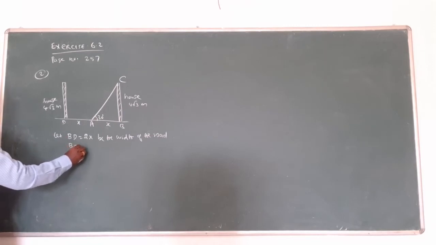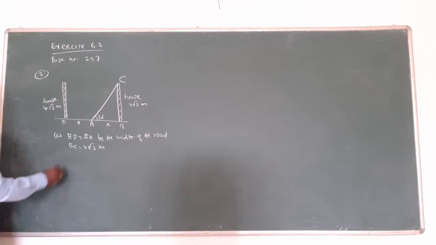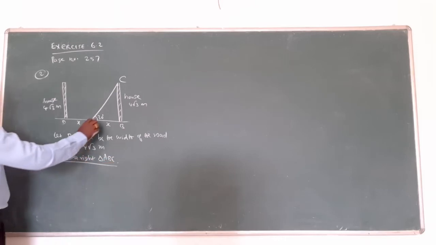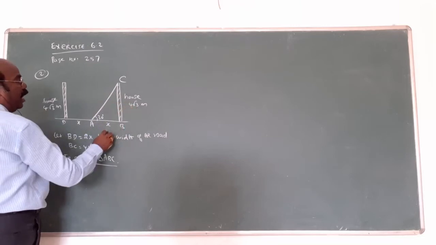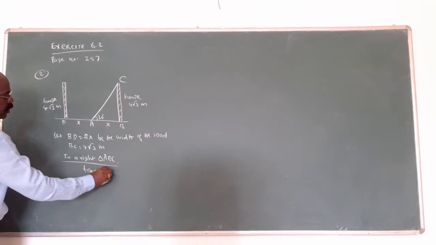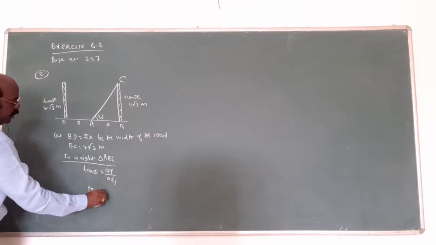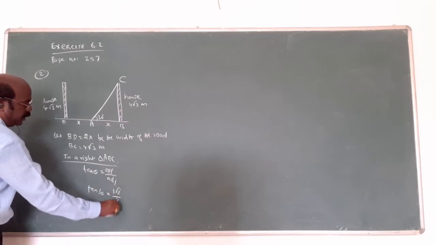Then BC equals 4√3 meters, the height of the house. In the right triangle ABC, this is the angle. The opposite is what? 4√3. This is adjacent, x. Opposite by adjacent is tan. So tan 30 degrees equals 4√3 by x.